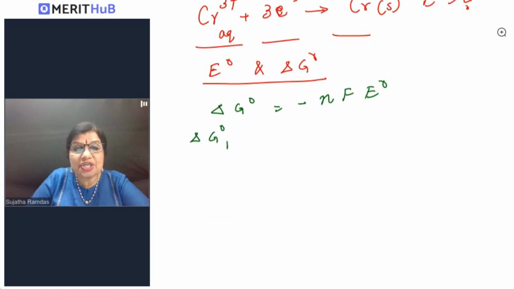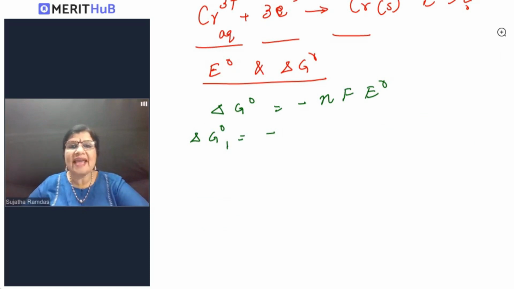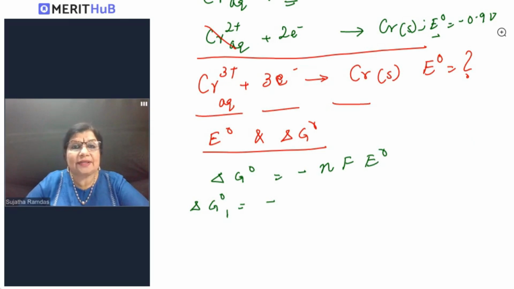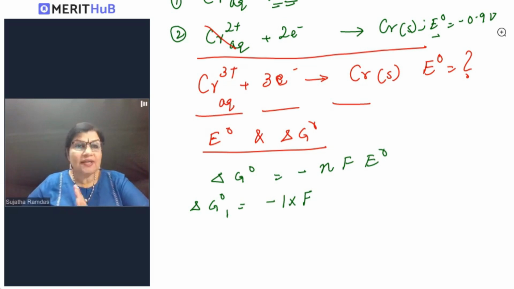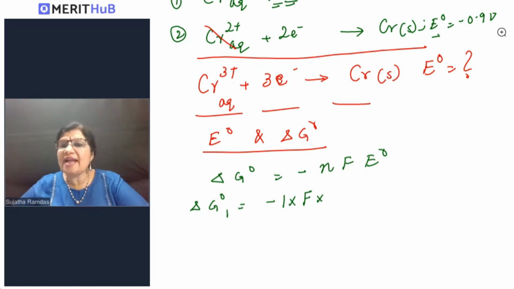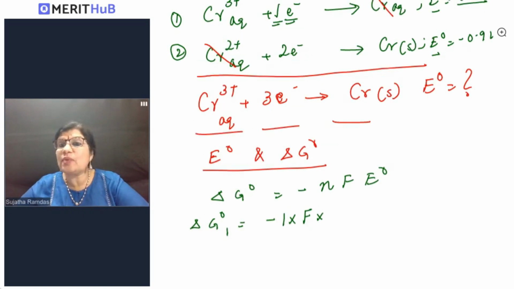So delta G naught 1 is equal to minus. So what is n equal to? n is equal to 1 electron. This is your equation 1, equation 2. n is equal to 1, right? So we write minus 1 into F, we will retain Faraday as F, not 96,500 coulomb, into E naught. What is E naught for that reduction half equation?